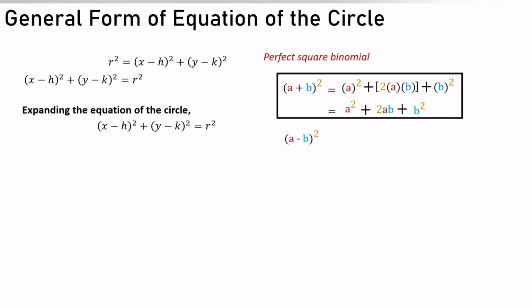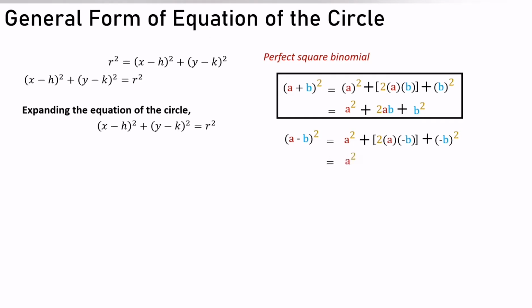Now if you have (a minus b) quantity squared, to expand this, again you square the first term, so that's a squared. This time you multiply the first term and the second term, and then multiply that by 2, so plus 2 times a times negative b, and then you add the square of the second term, negative b squared.